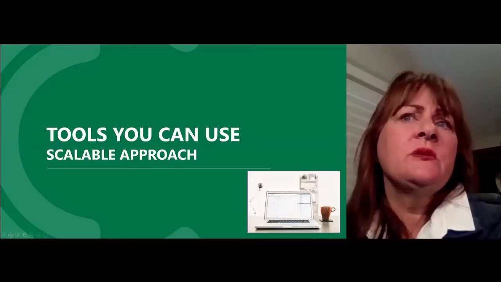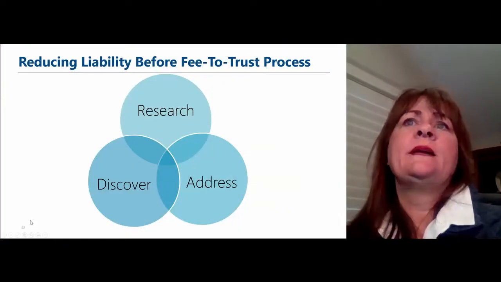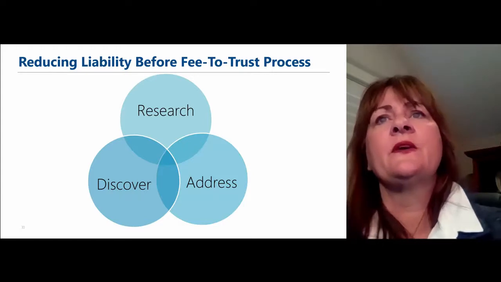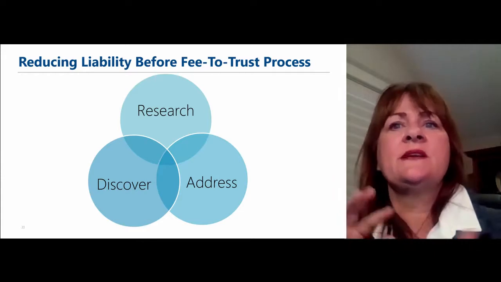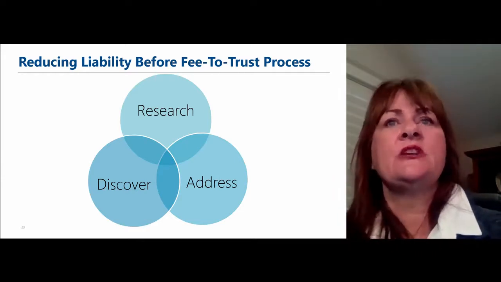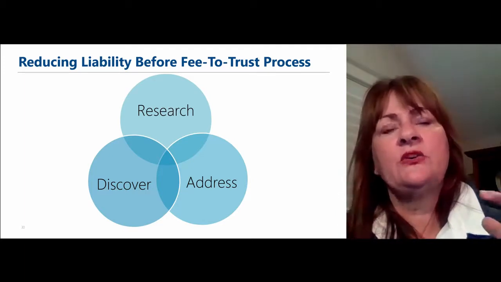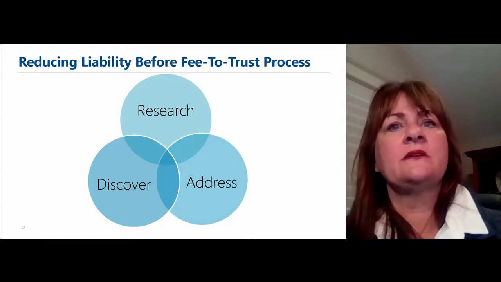So I want to talk to you a little bit about some of these tools that you can use on your own to evaluate a property before you pull together the fee to trust application. It really centers around 3 things that you can do. You can conduct some research. You can go out and discover by looking at the property whether or not you've got environmental concerns.